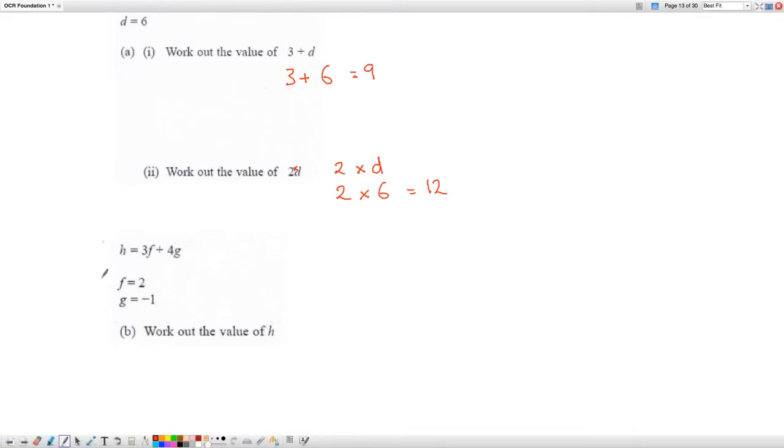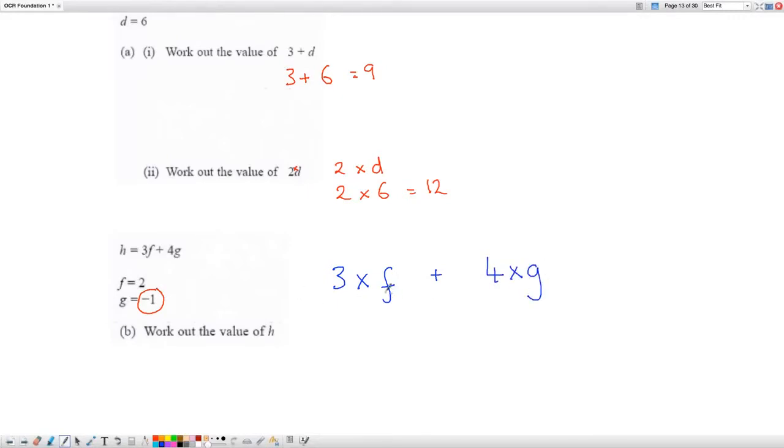Okay, now we have a new expression with 2 parts, 2 terms, 3f and 4g. The value for f is 2, positive. The value for g is negative 1. Okay, let's substitute this in. 3f means 3 times f, plus 4g, 4 times g.